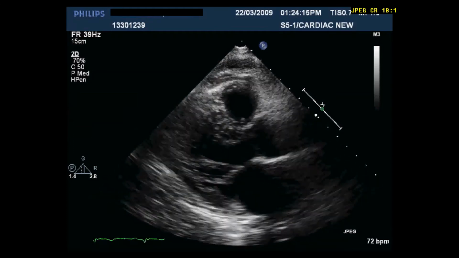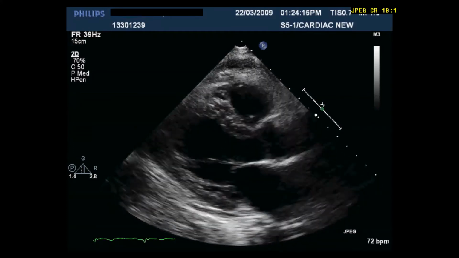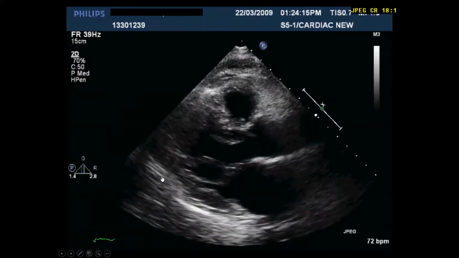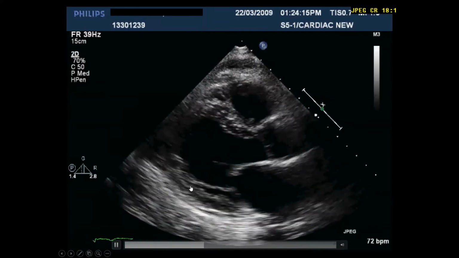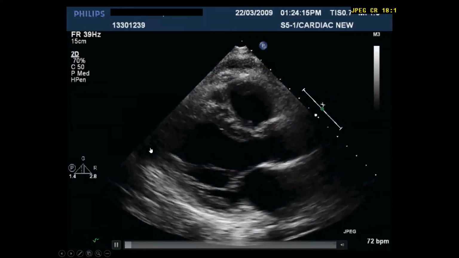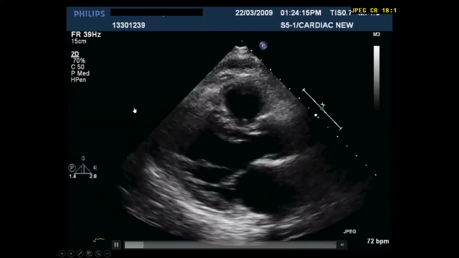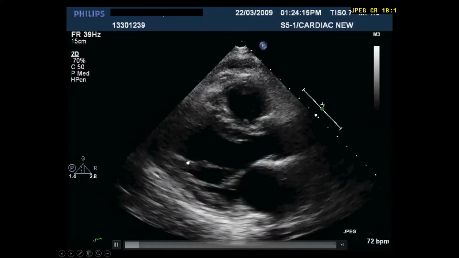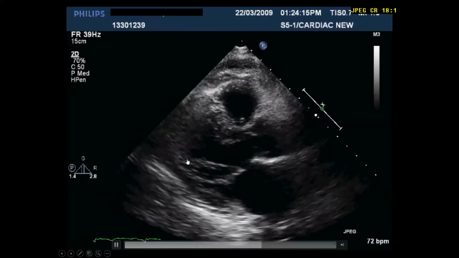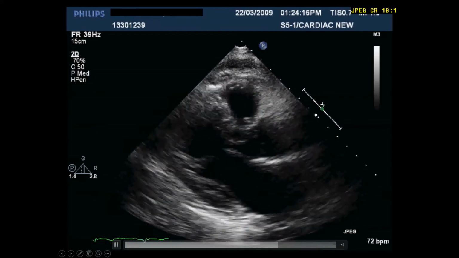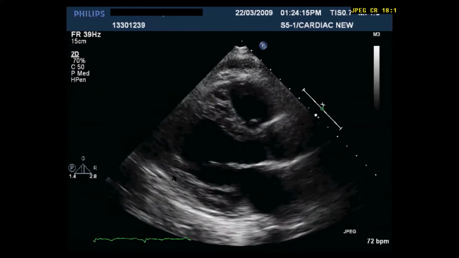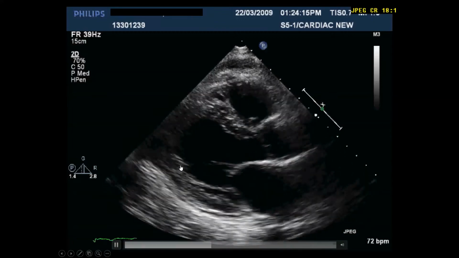Akinesis is the absence of thickening, because at any particular time, any segment in the heart is moving by tethering movement. This part is connected to the rest of the heart, so there will be traction movement and you will see it moving. So you have to focus on the inward movement.